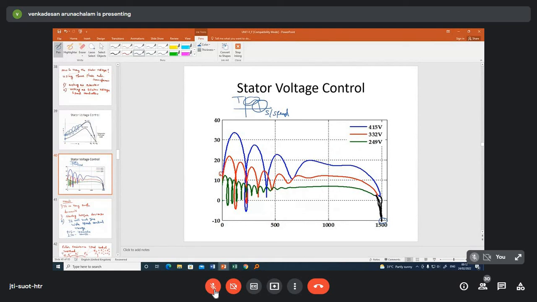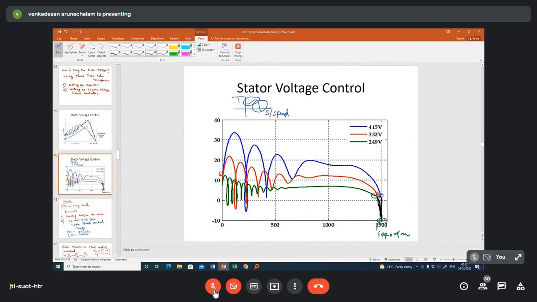You see here, for 415 volts, this is the operating point. Okay, and for 332 volts, this is the operating point. And 249 volt, green color, this is the operating point. You measure the speed, it will be around 1440 RPM.